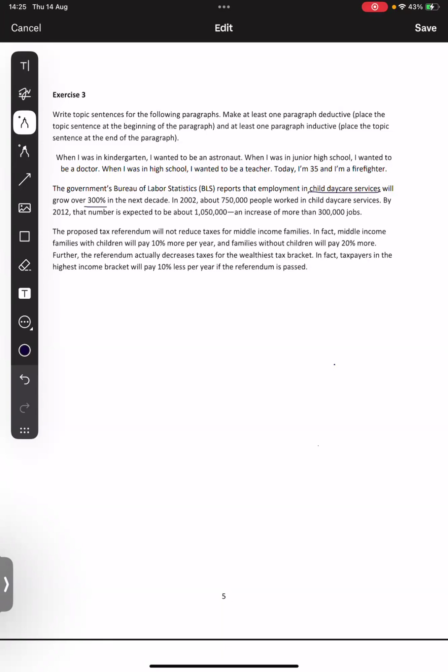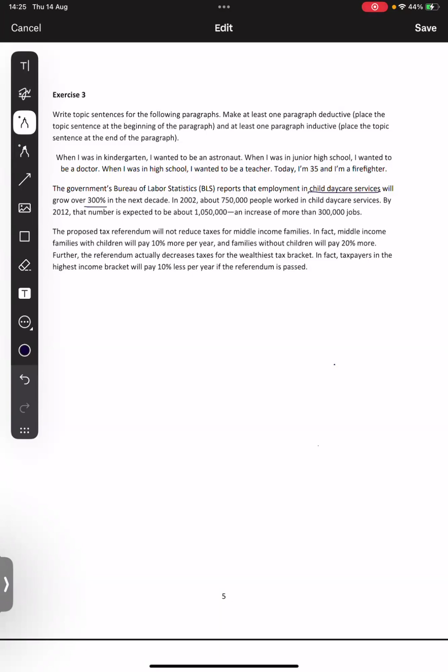Let's say we have 1,000 people working in child daycare service, an increase of 300%.